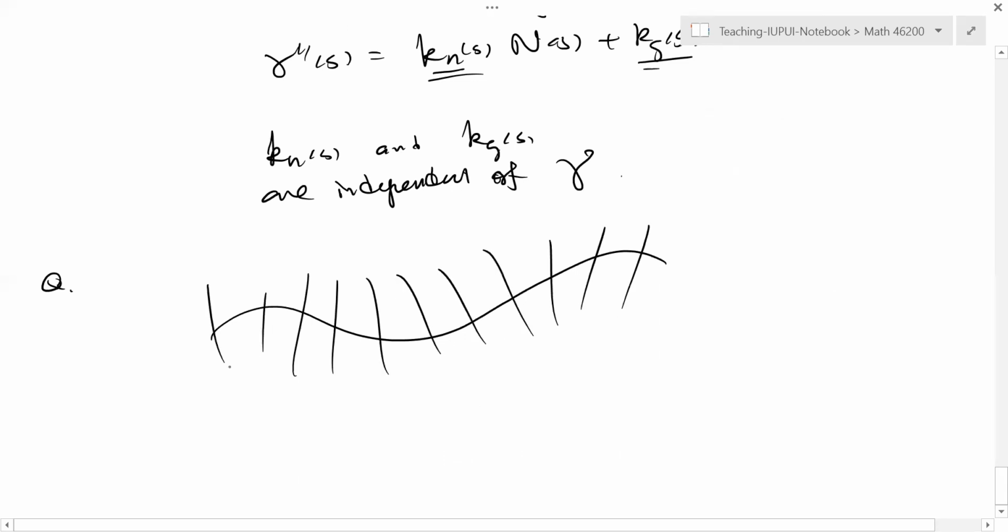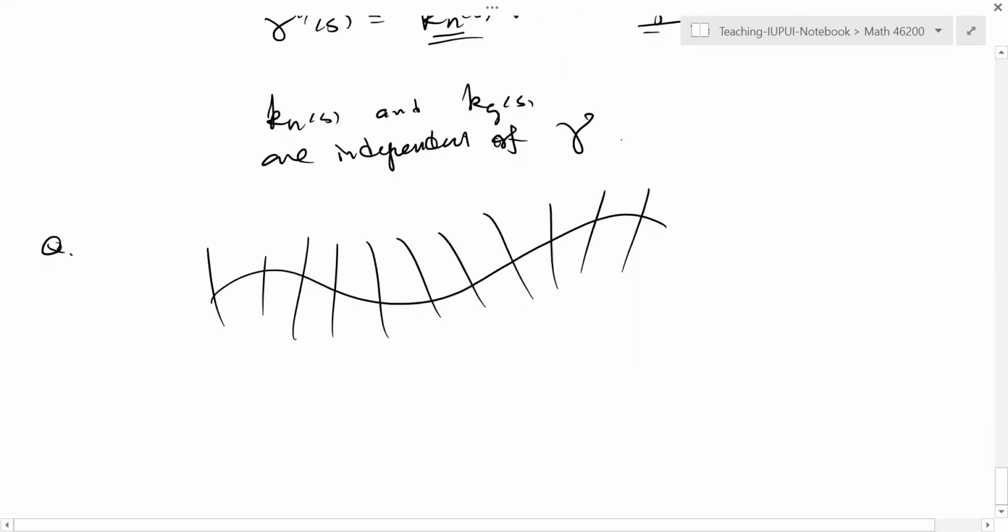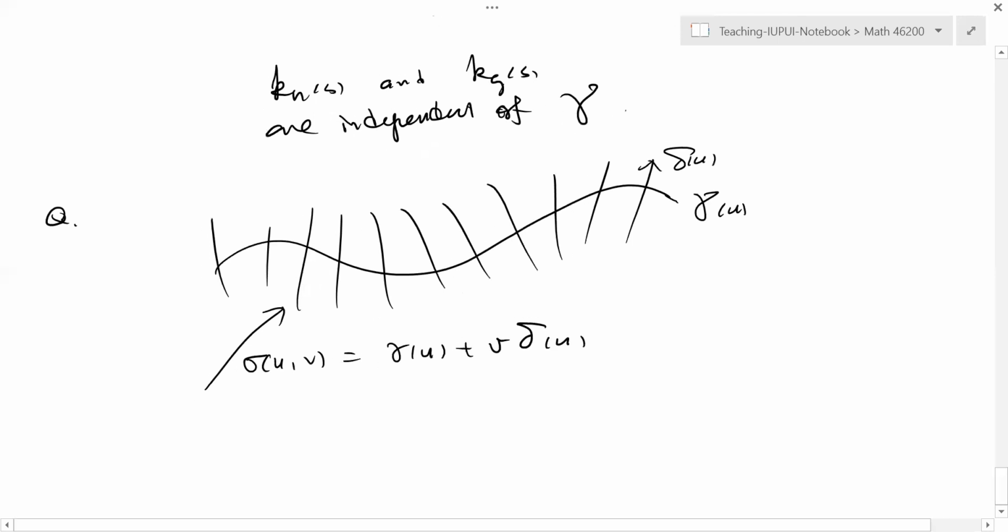This is a surface, and you can see all those straight lines, and they are going to be geodesics. Let's parameterize it by u, with this gamma(u), and another vector delta(u). So sigma(u,v) is going to be gamma(u) plus v delta(u). For fixed u, you get a straight line.